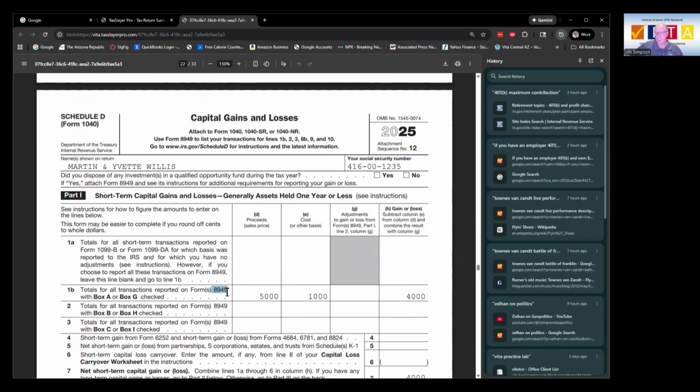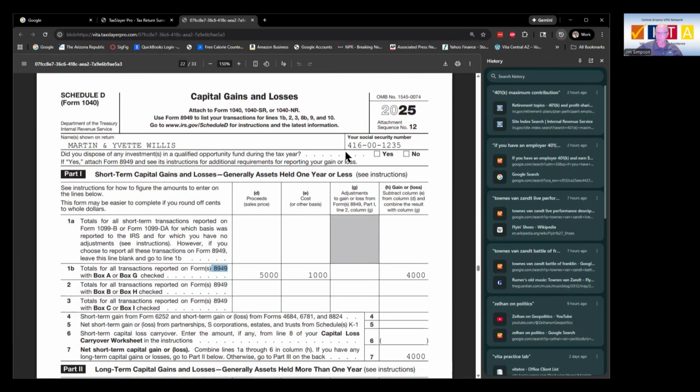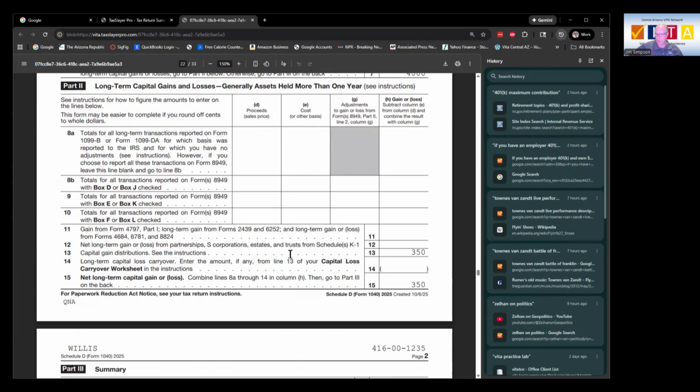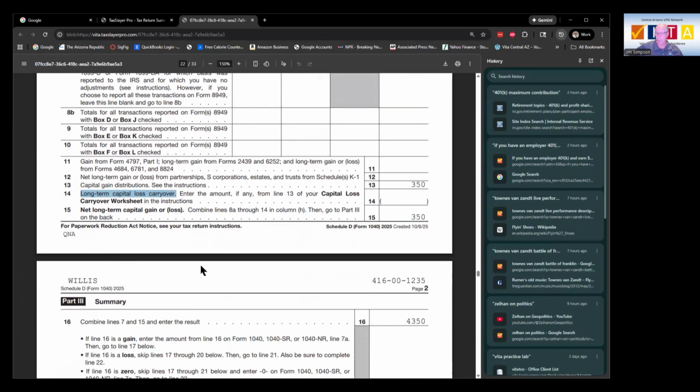That's what we're going to go look at in a second. With box A or G checked. What does that mean? Don't worry about it. TaxSlayer handles this, right? But they aggregate all of these forms into one. This is kind of like the summary of all their capital gains and losses, right? Whether they were short term or long term, which box was checked, blah, blah, blah. If you had a carryover, and it could be a long-term loss carryover or a short-term loss carryover, you got to know it keeps its character that way.